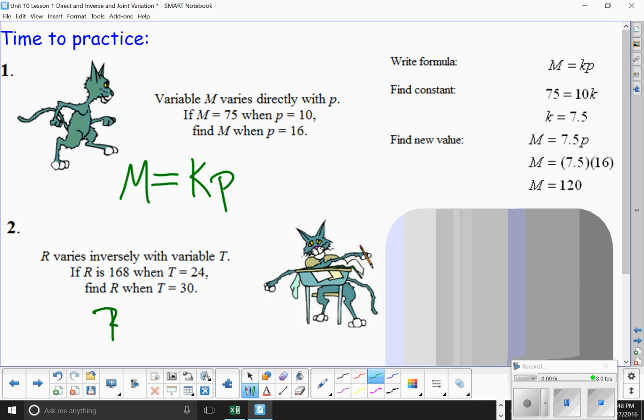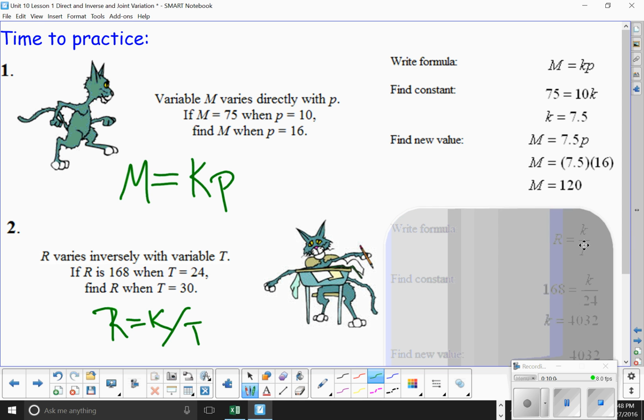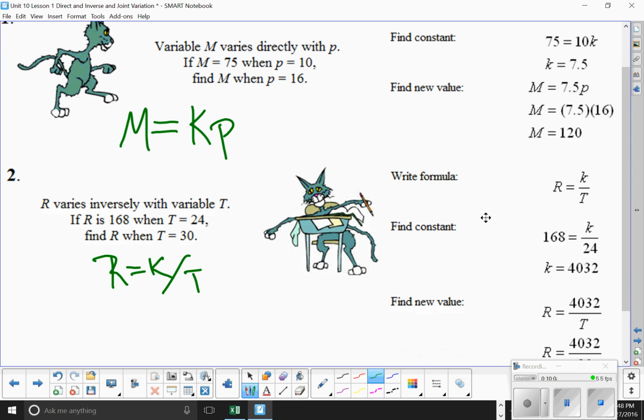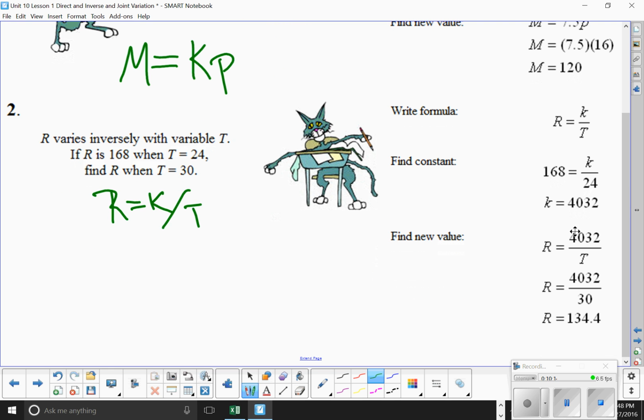Now here, r varies inversely with t, so I do k over t. Now again, same idea. I write my formula, I find the constant, and then I rewrite the equation. Here's the equation, and I solve for the variable I'm looking for.